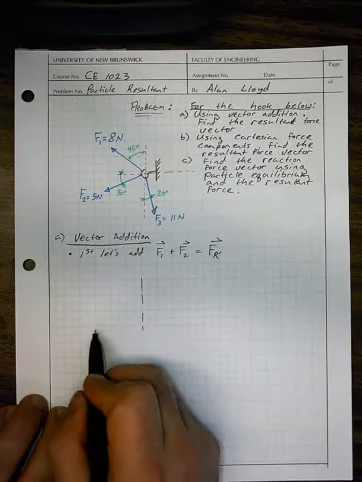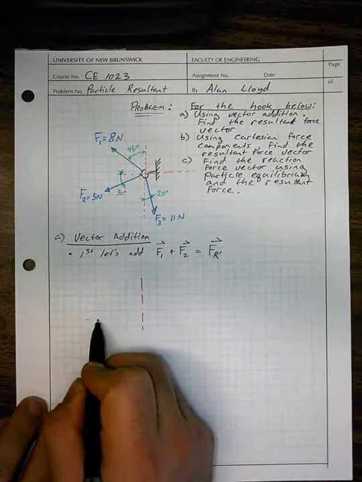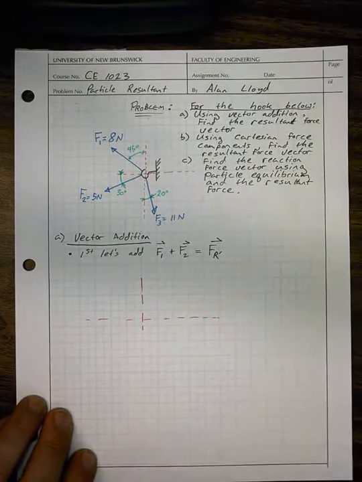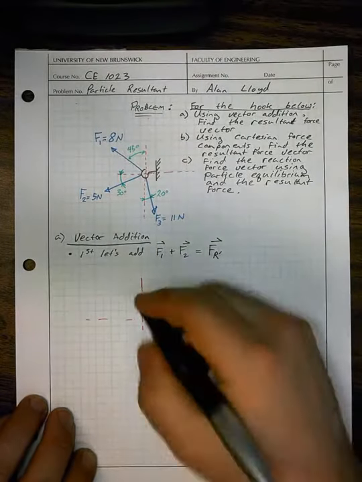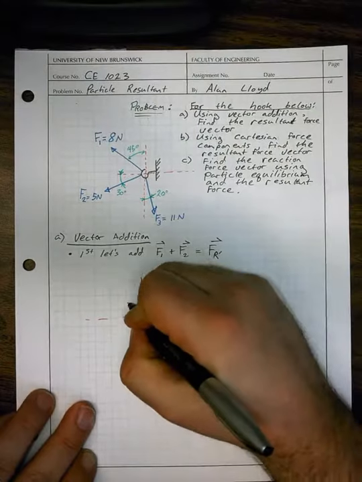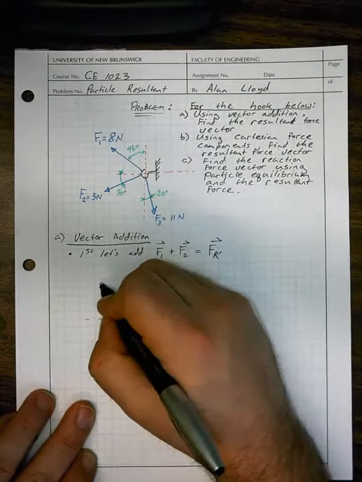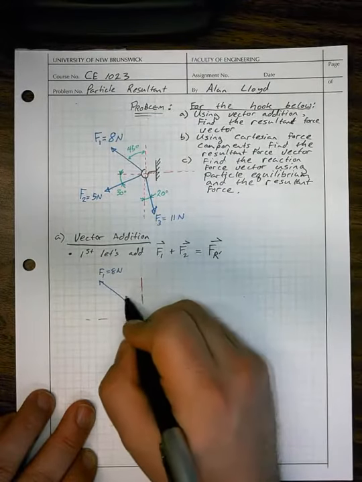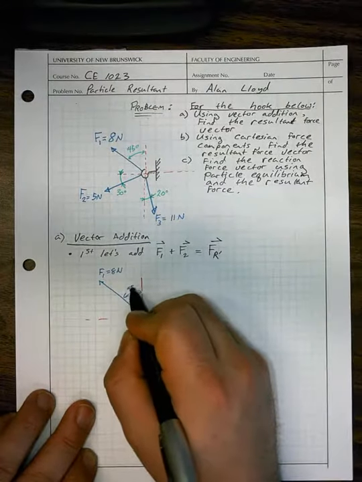So first, if we want to draw our parallelogram, let's sketch our axes here. And we know that if we're adding force 1 and force 2 together, we can draw force 1 coming off of that axis. It comes out 8 newtons at a 45-degree angle.